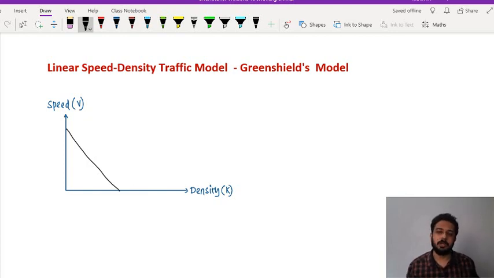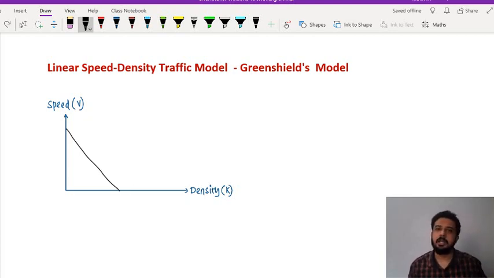What is the advantage of assuming a linear relationship? For any value of density, you can find the value of speed. If I take a very small value of k, then also we have a particular value here. It's not going to infinity. So that's why Greenshield has assumed a linear relationship, we are using it for simplicity in calculations.